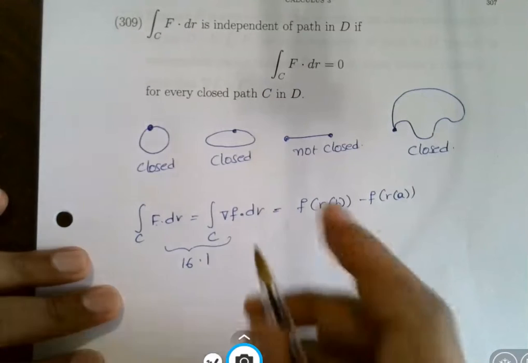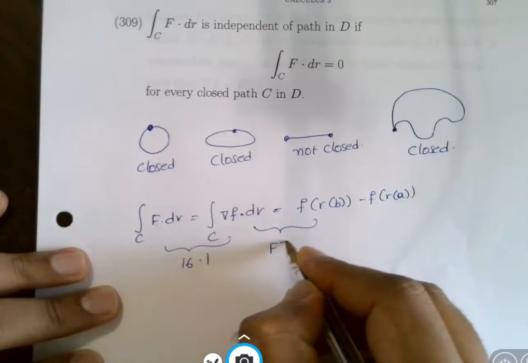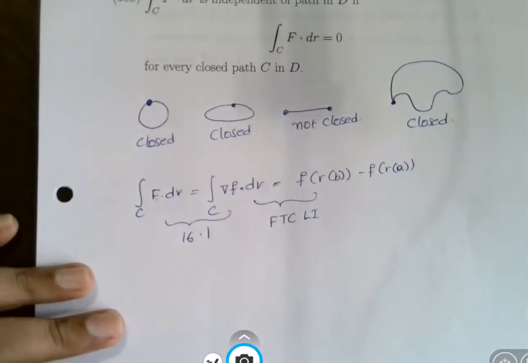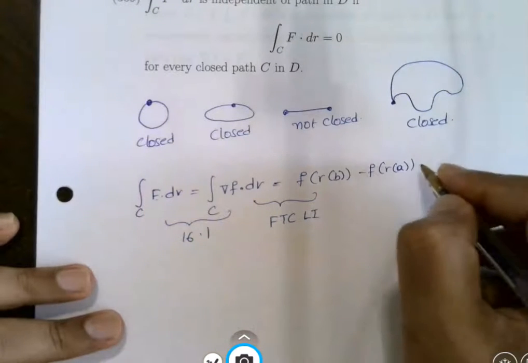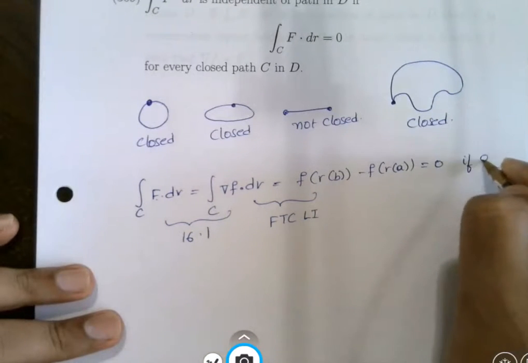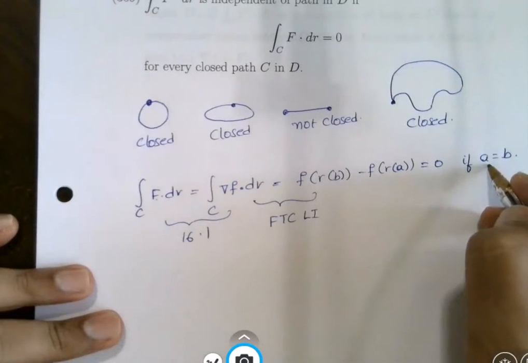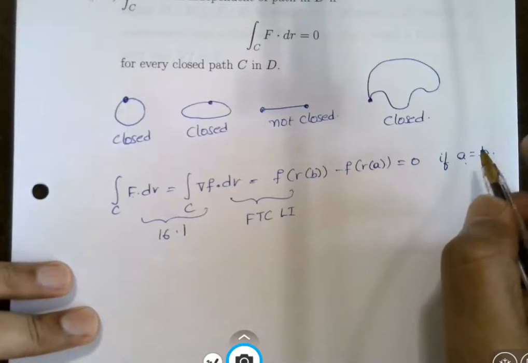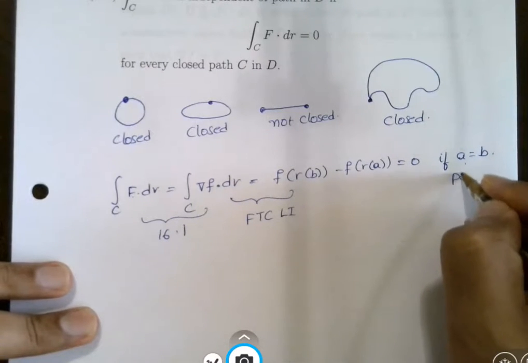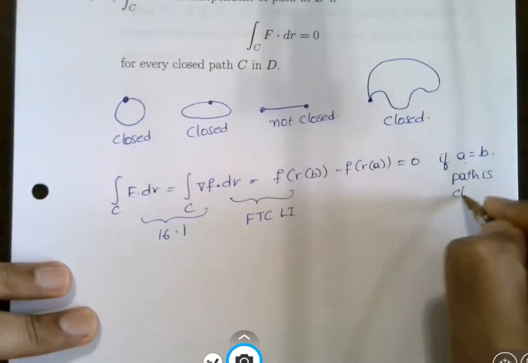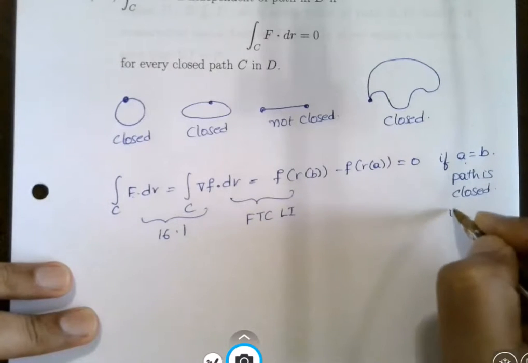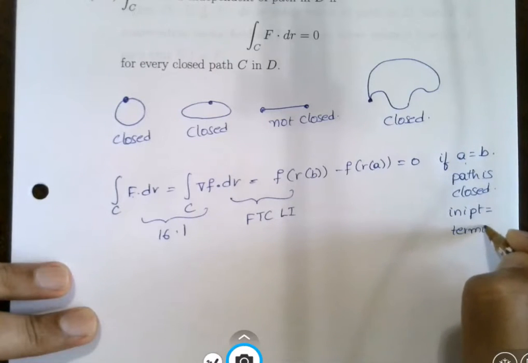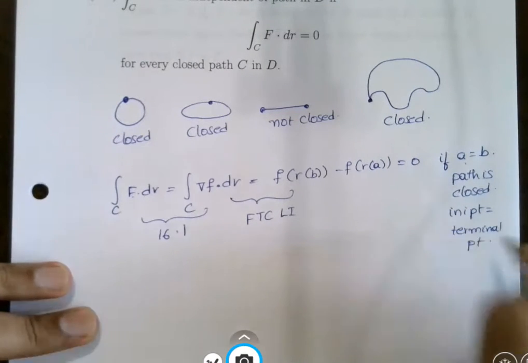I explained it in my video, and this is the fundamental theorem of calculus for line integrals, which I just explained in the previous slide. Now if a equals b, this is 0. In other words, a equals b means the path is closed. That means the initial point is the same as the terminal point, wherever it is.